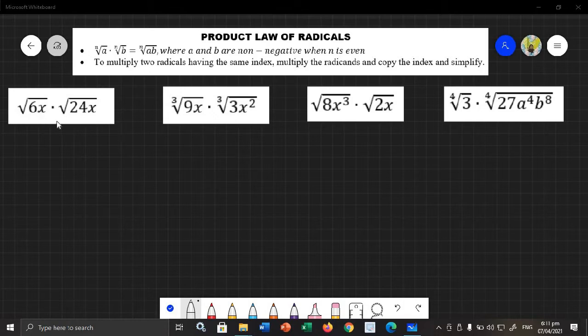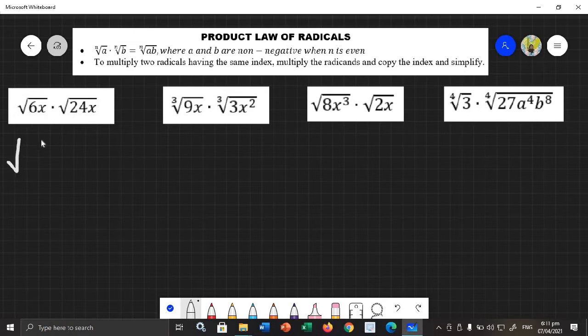In this first example, the index is both 2, di ba? 2 pareho yung index. Pag wala nakasulat na index, that is understood na 2 yon. Therefore, we can multiply their radicands. So just write in a single radical sign the radicands.